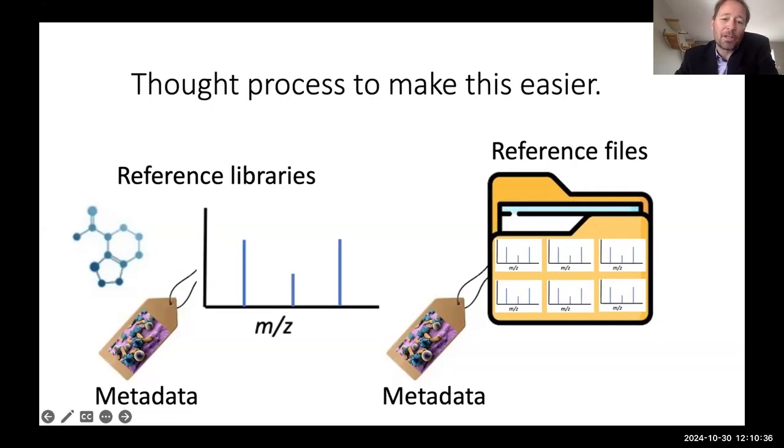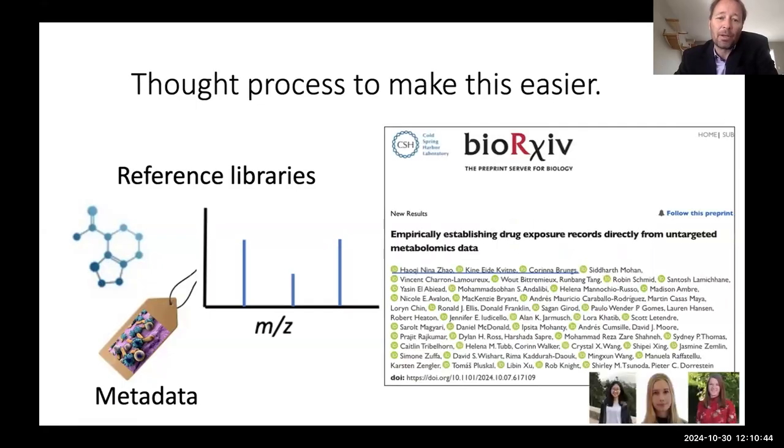And this represents a strategy to build a reusable approach to leveraging what's already available in the public domain. The first example I'm going to show you is just one of the examples that we have for reference libraries. And it's really led by Nina, Kine, and Karina. And they were the drivers behind this particular project.